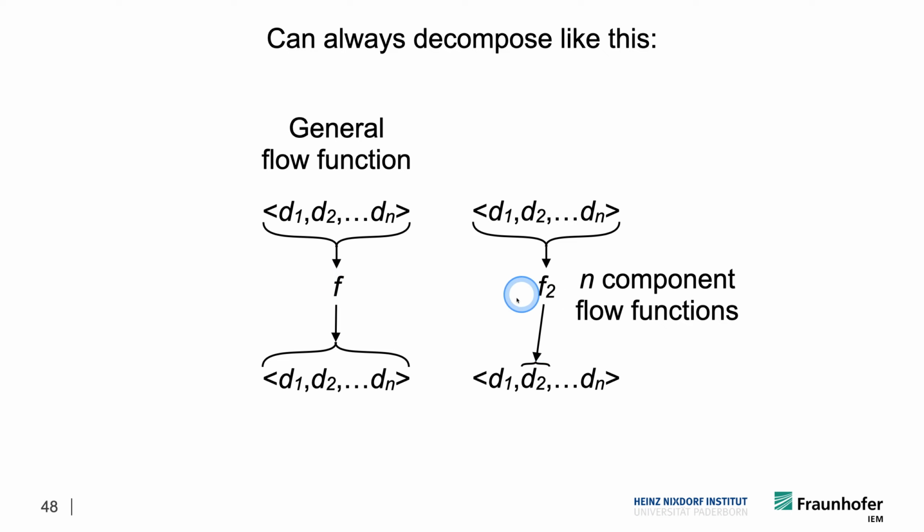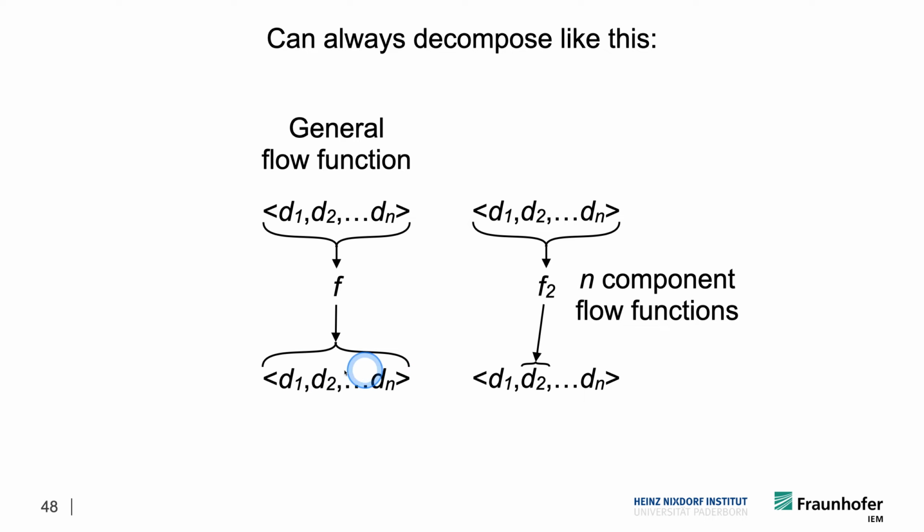And this you can always do because in the end, f is computing these output values. Like I said, they can depend in any way on the input values, but you can decompose f such that it computes each of these component output values separately, right?